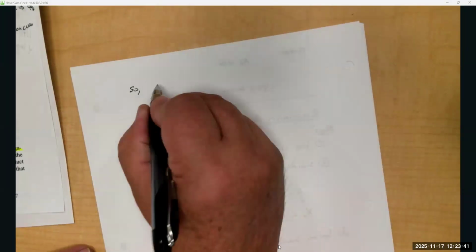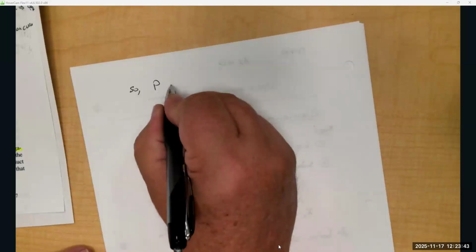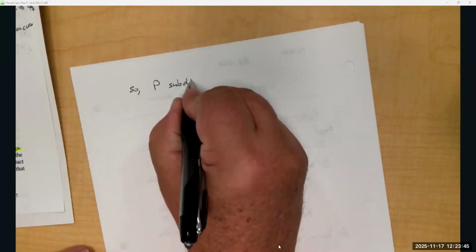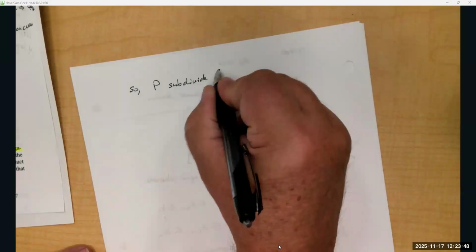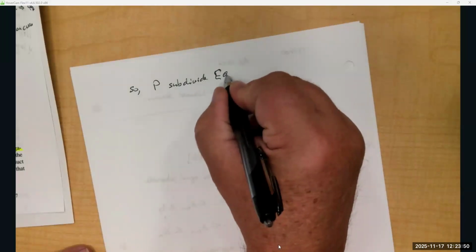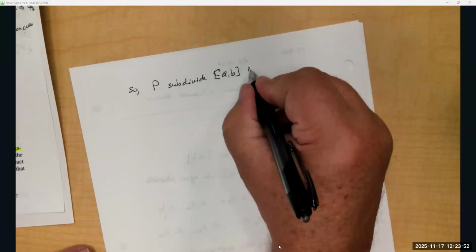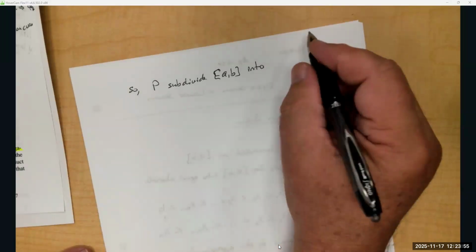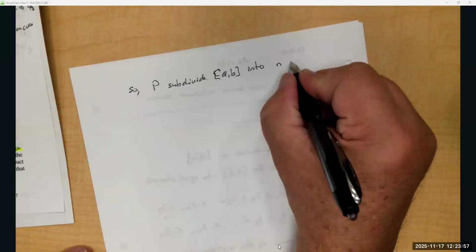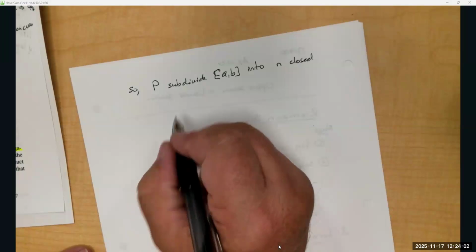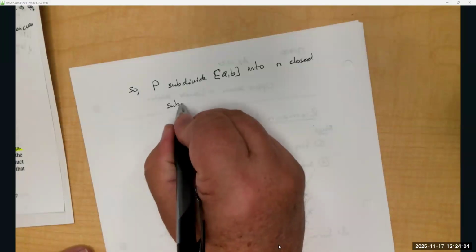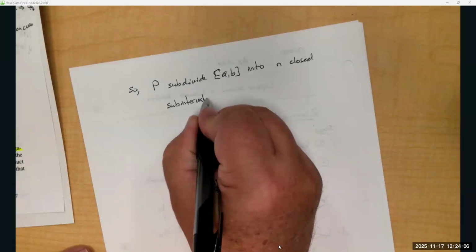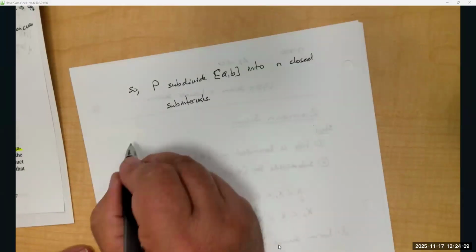So let's see, where's an example? Yeah. So our partitions subdivide our interval into n closed subintervals.